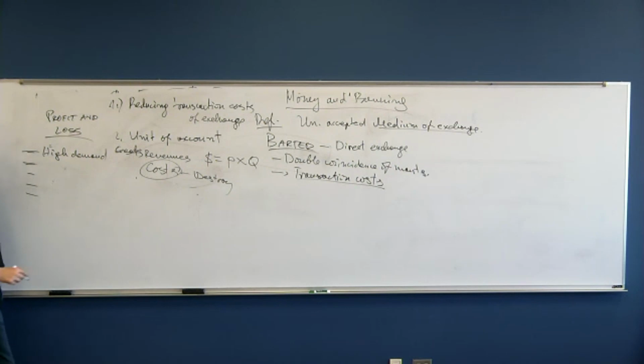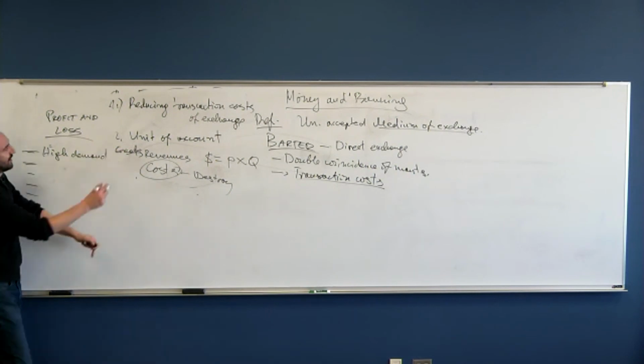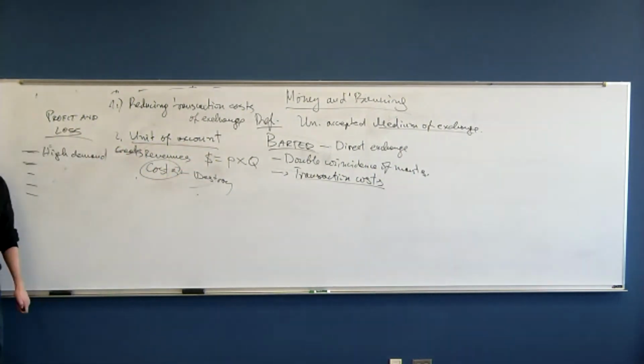In order to be accepted as a universal medium of exchange, they have to be in very high demand. Precious. Then the next two characteristics are related to this accounting function of money. Those are divisibility and fungibility.